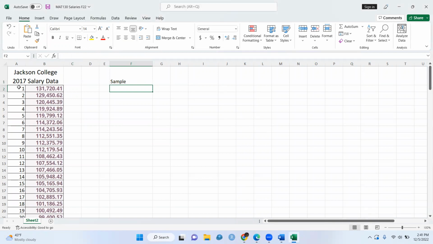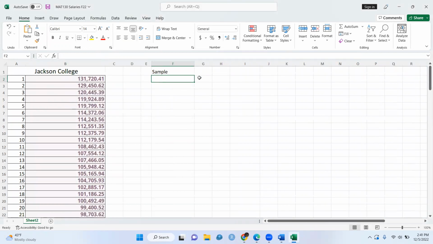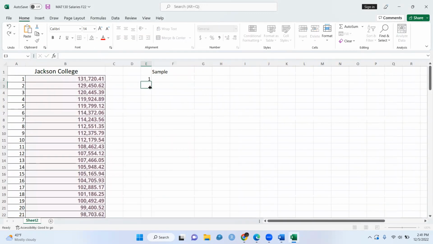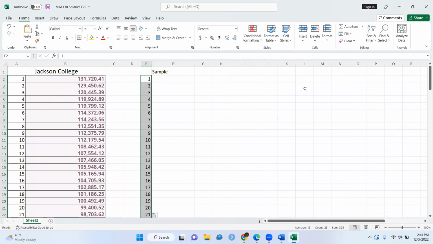Note that in the project, you have to describe how you got your sample. So make sure you're leaving some space somewhere to talk about it. I believe it says you had to have 25 data values. So this is how I make sure I count. There's my 25 data values as a sample.